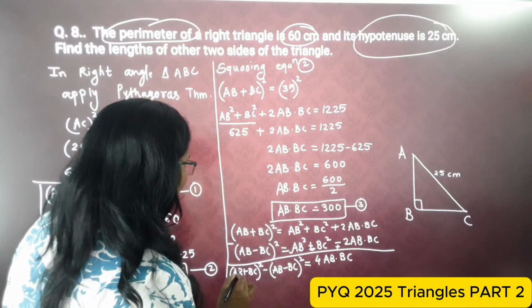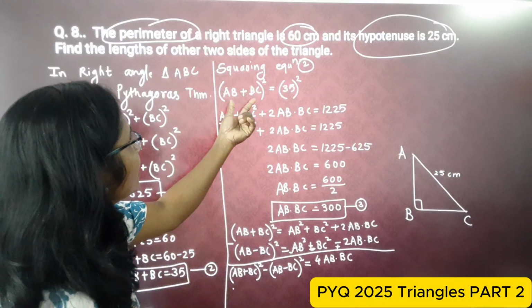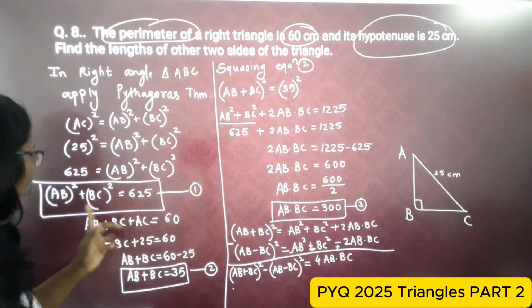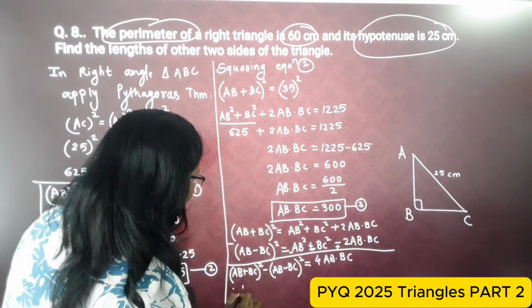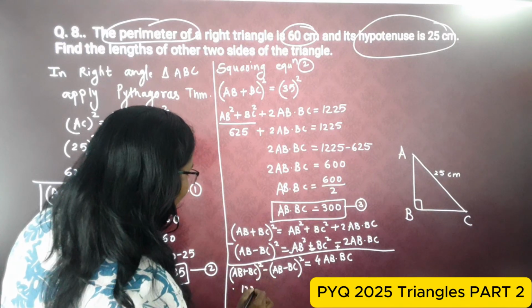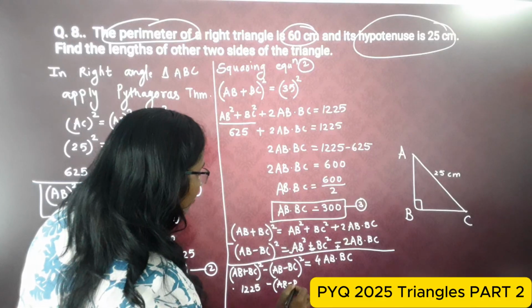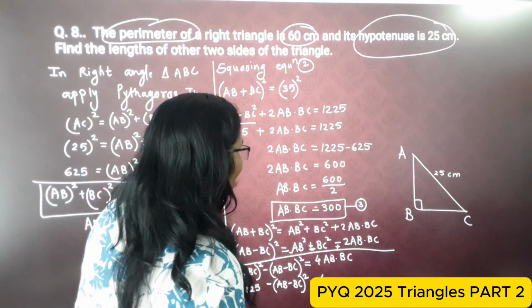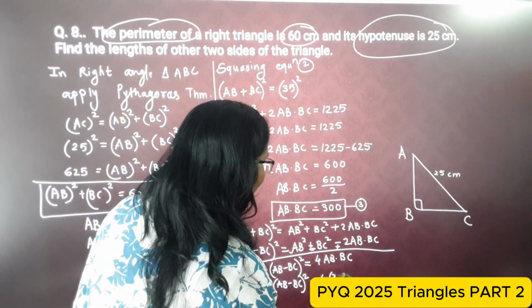So now here students, (AB plus BC) whole square, see here, that is equal to 625. So here students, AB plus BC, okay, 1225. So I write here (AB plus BC) whole square 1225 minus (AB minus BC) whole square is equal to 4 multiply AB multiply BC, that means 300. Okay students.